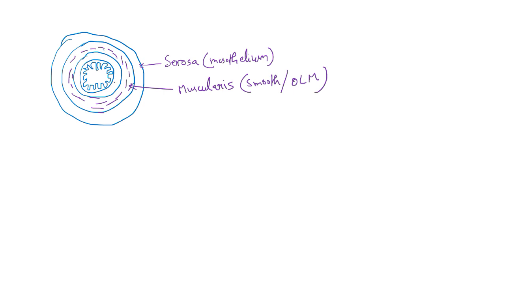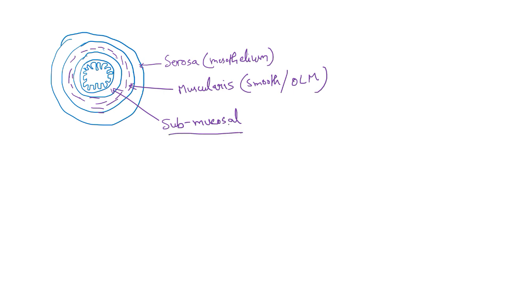Right after that we have the submucosal layer. It is made up of what? Connective tissue. It contains nerves, blood and lymph. And generally this layer is glandless.